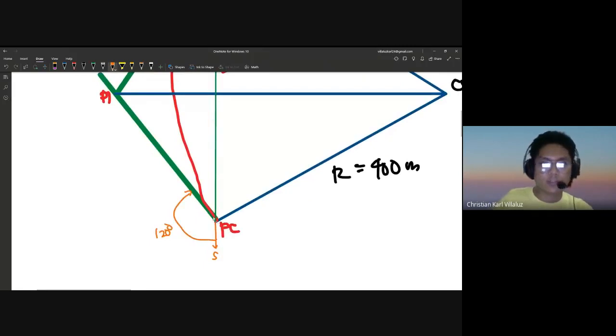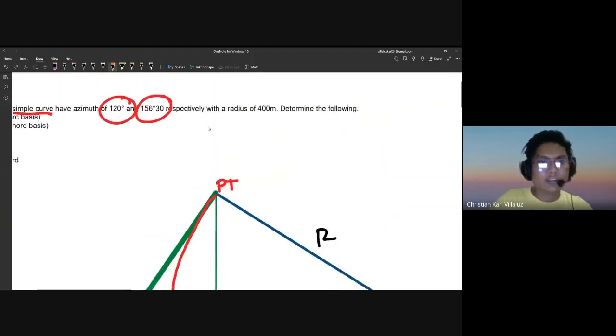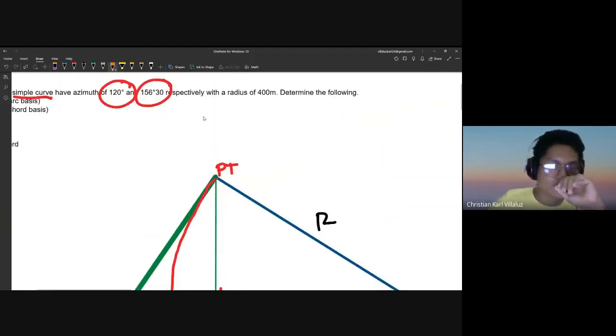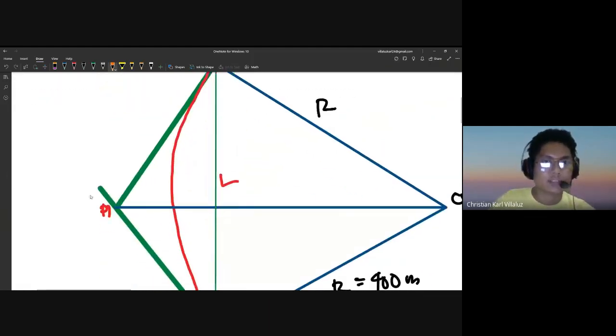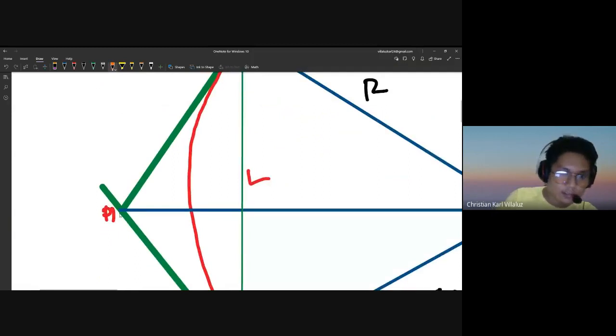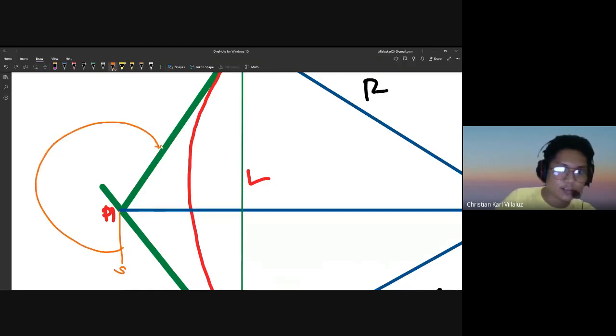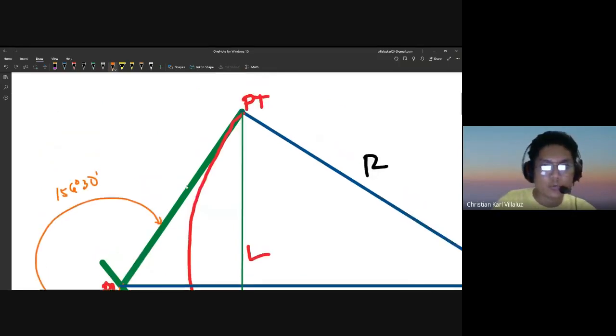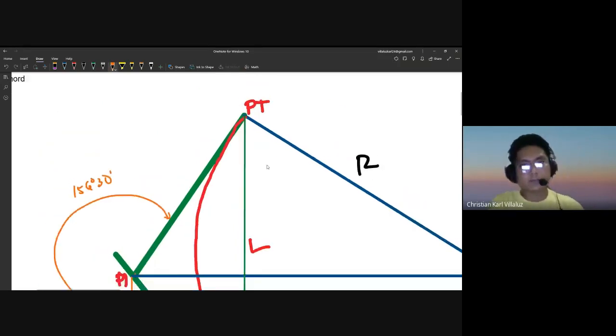That's from point PC to point PI. Then after that, draw another line which is measured from the azimuth 156 degrees, 30 minutes. So again, from south, measure 156. Then draw another line. PI to PT.